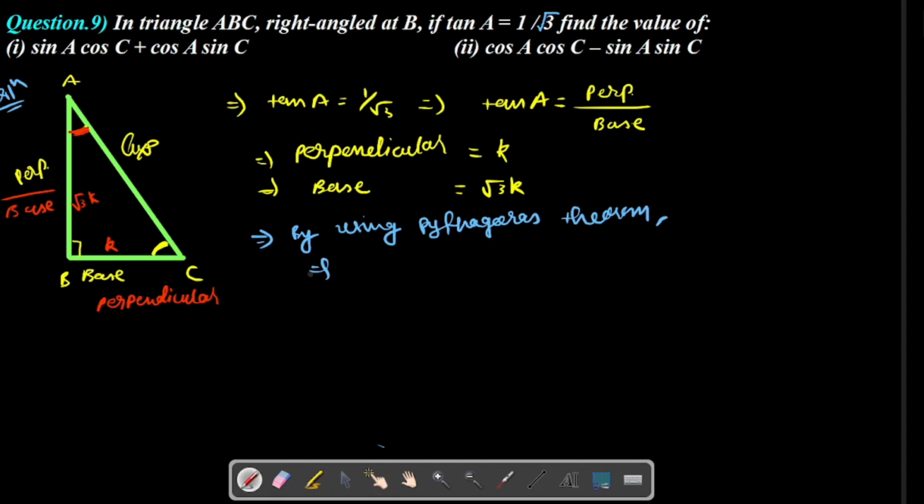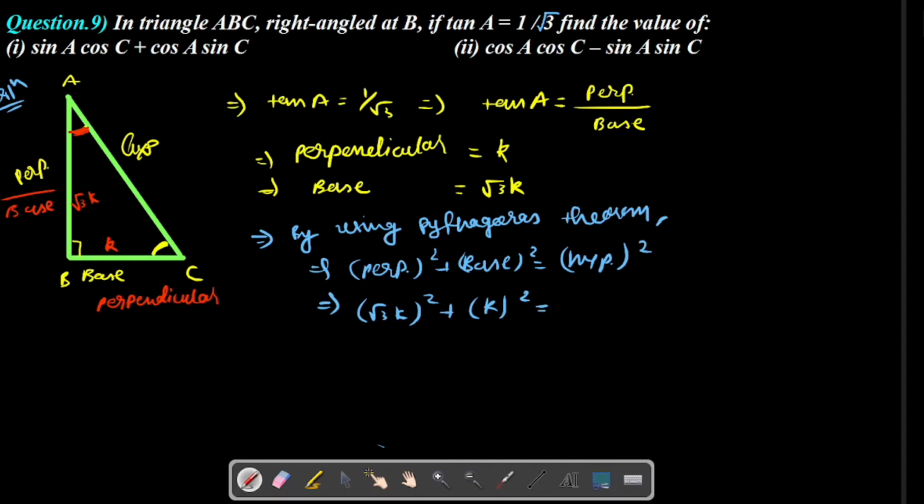By using the Pythagoras theorem, we have perpendicular square plus base square is equal to hypotenuse square. Now the perpendicular is root 3K, square plus the base K, so K square, equals hypotenuse square.